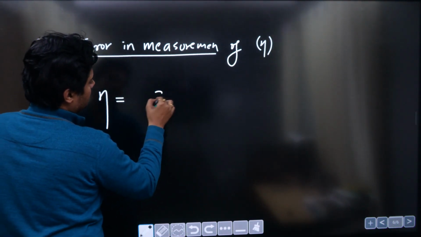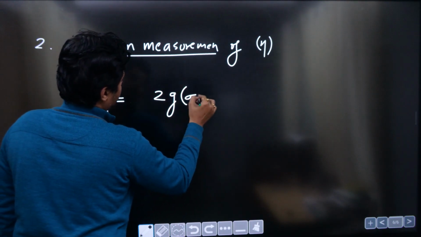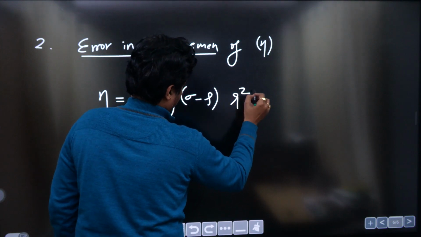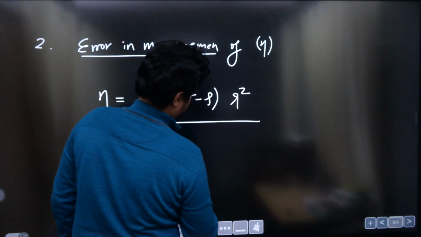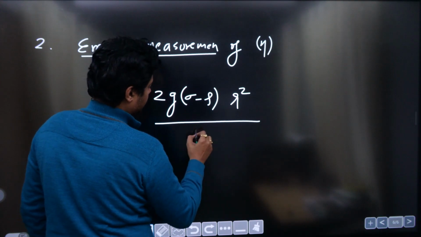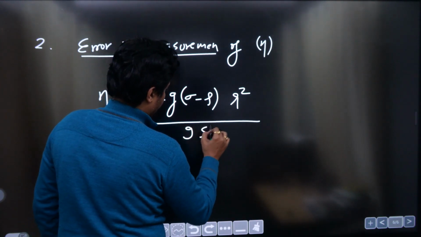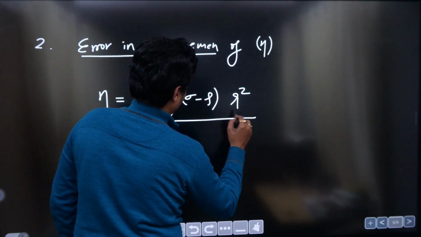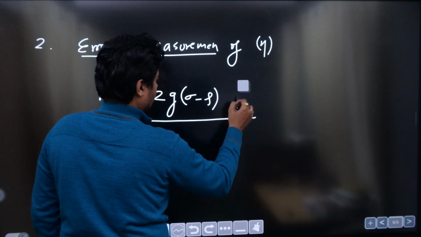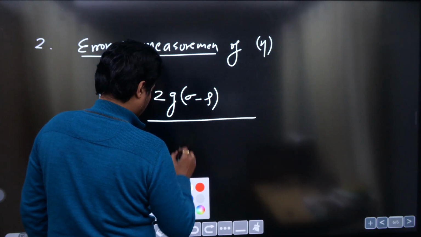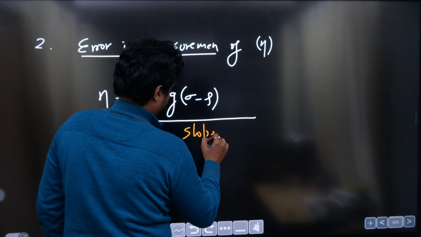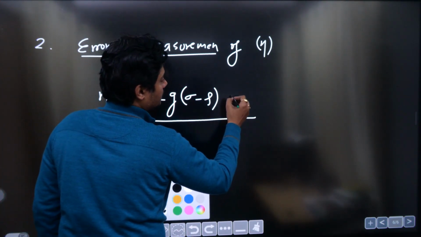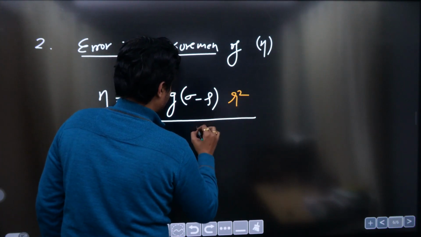Eta is basically 2g (sigma minus rho) into r square by 9 times slope. Or let me write the exact formula instead of making it confusing for you. Let me write it as r square by v.